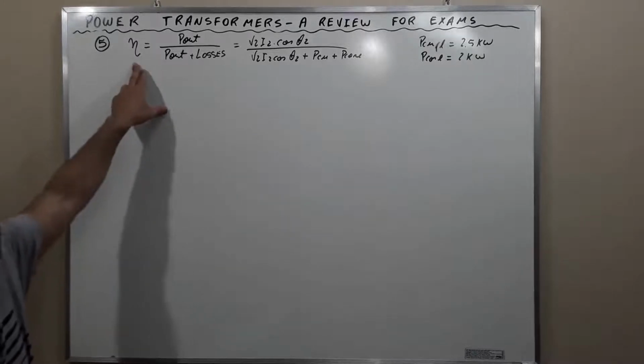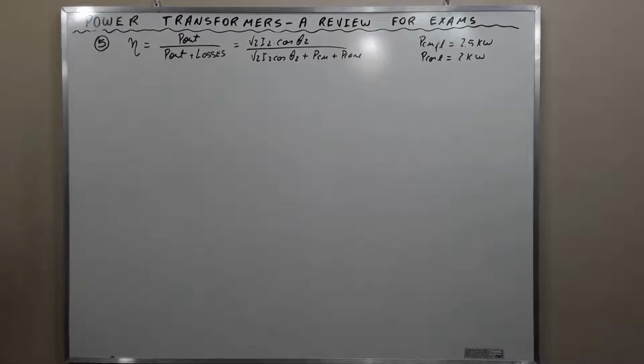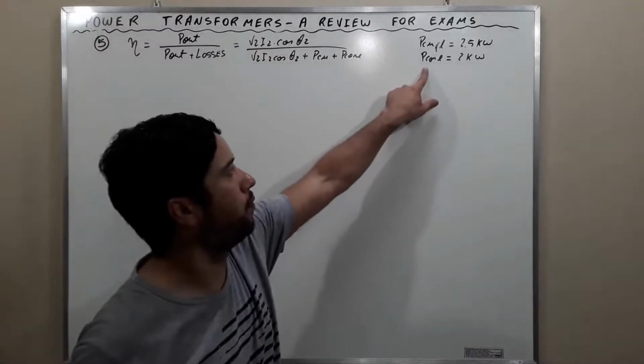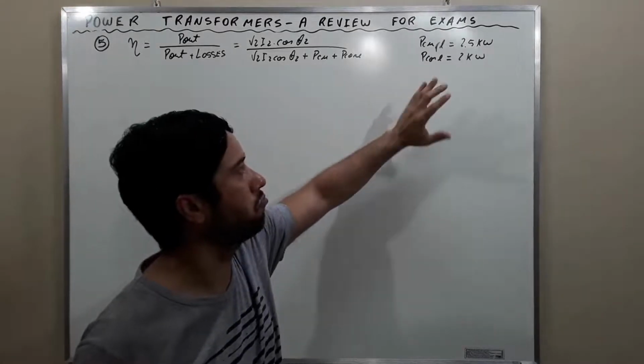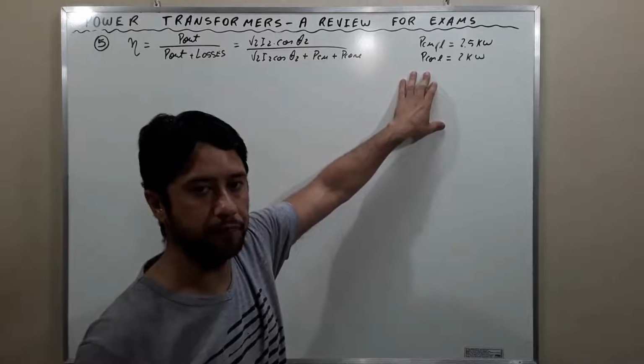We want to maximize the efficiency, and to calculate the load for maximum efficiency, we're going to make use of a variable. We're going to use the variable x here that represents the portion of the output power at full load that produces maximum efficiency. Okay? The core losses are somehow fixed.